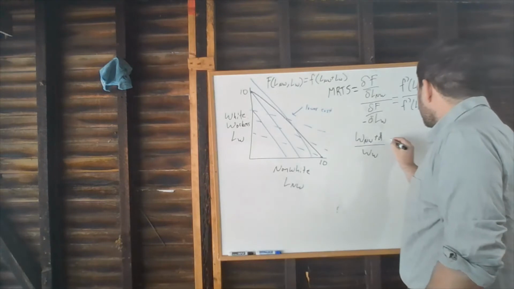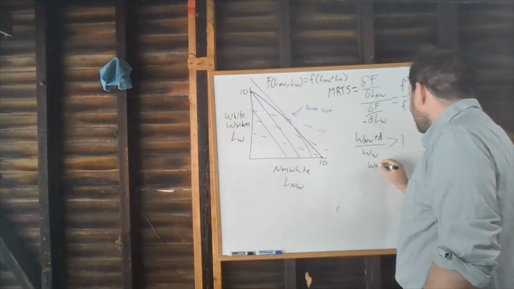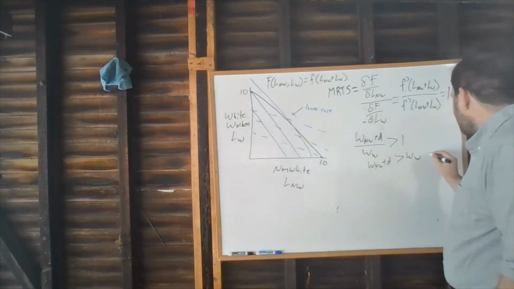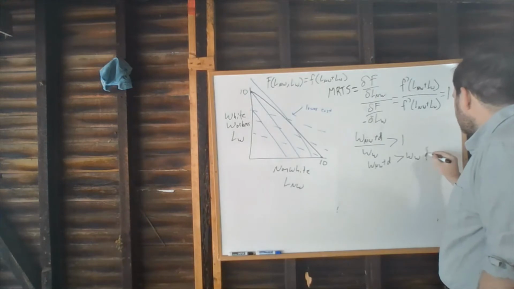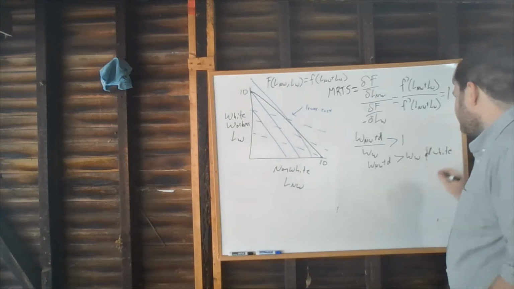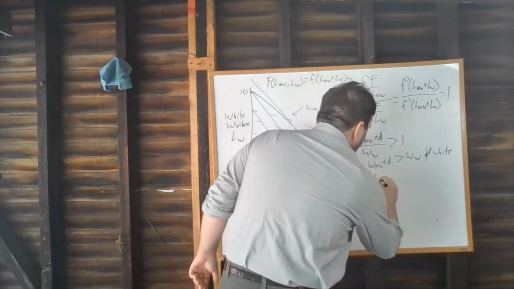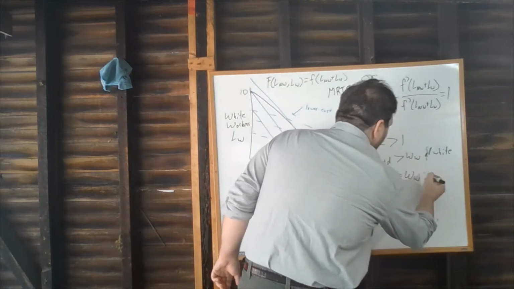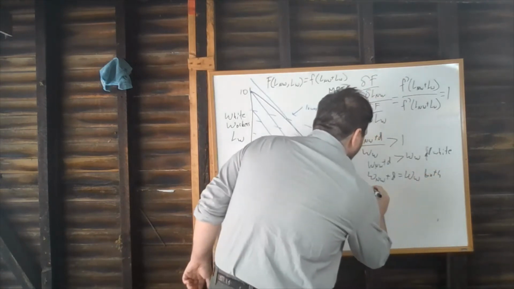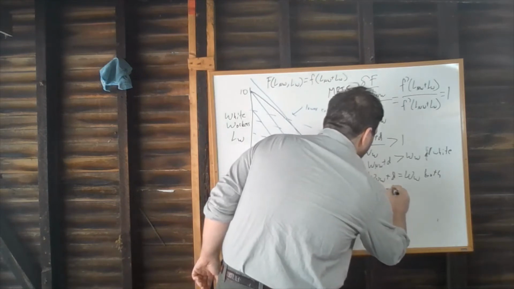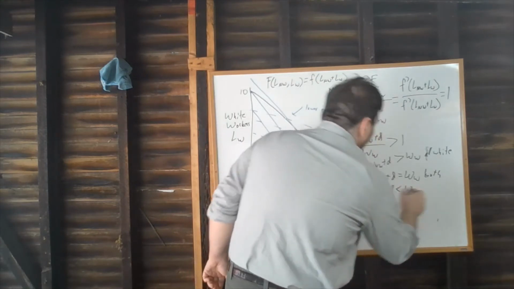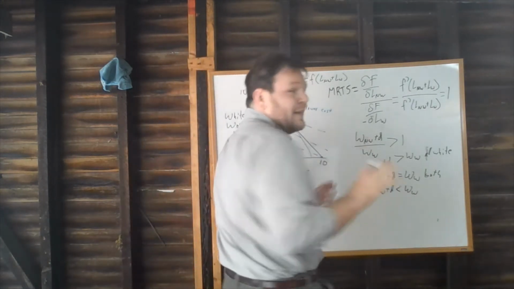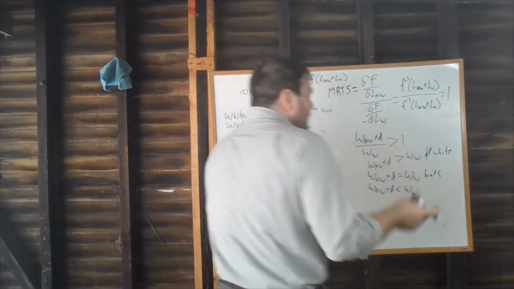If this thing is greater than 1, in other words, if WNW plus D is greater than W white, then we'll hire all white workers. If they're equal, then we'll hire both. And if we perceive non-white workers as cheaper than white workers, after accounting for our distaste, or the employer's distaste, I don't want to implicate ourselves here, then we'll hire all non-white.